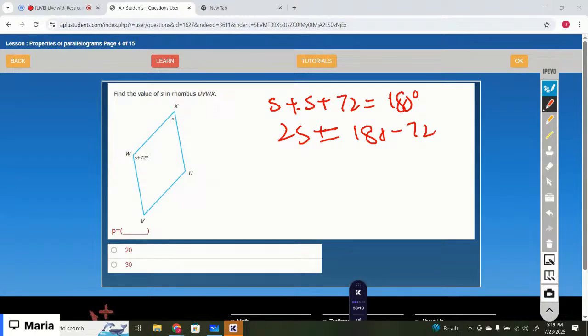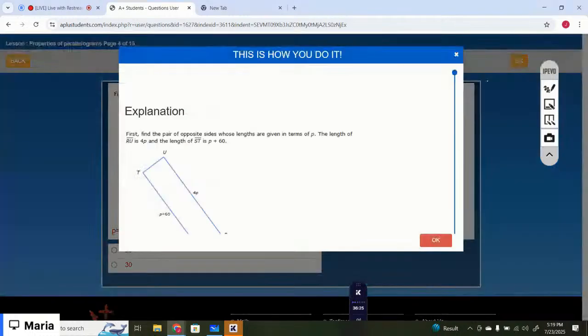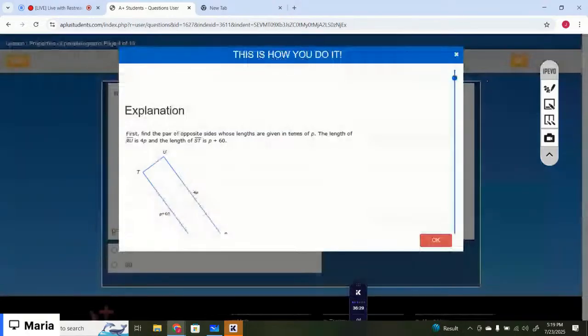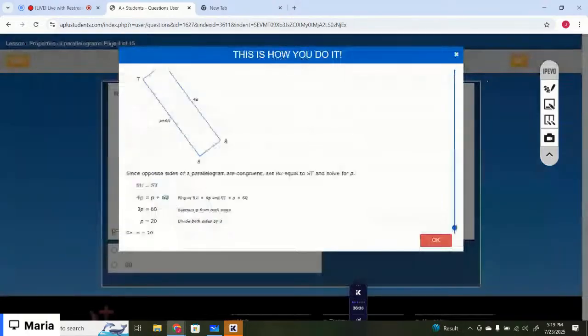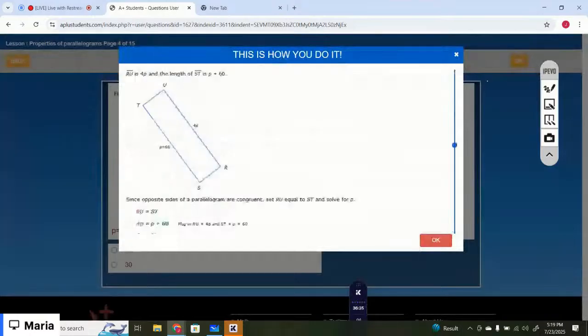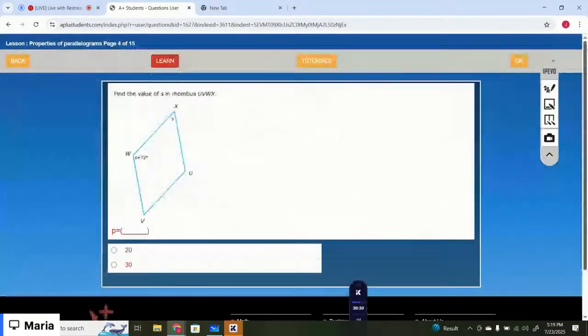So 180 minus 72 equals 108, but we are not given the correct option. Here we have the explanation of a different question. The question is different and the options are different.